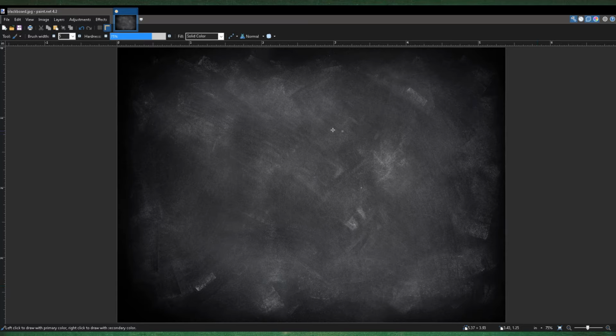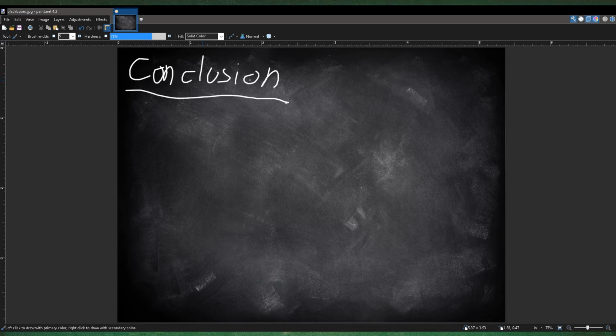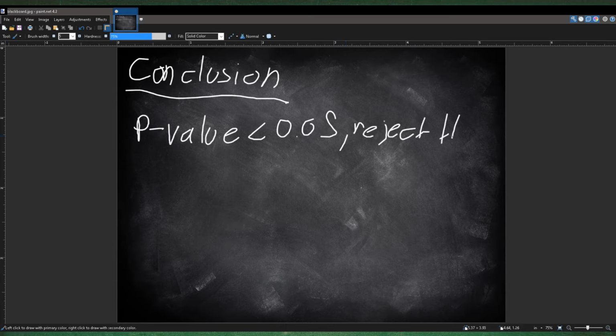And then you use that to find your p-value, and you do your conclusion. Your conclusion is, it's the same case for a bunch of everything: if your p-value is less than 0.05, you reject the null hypothesis and you say the alternative hypothesis is true.